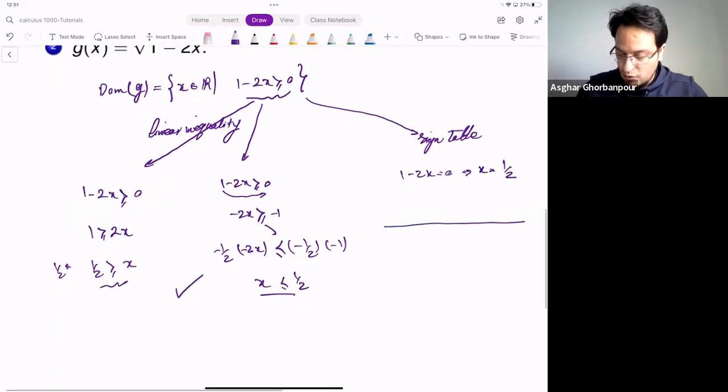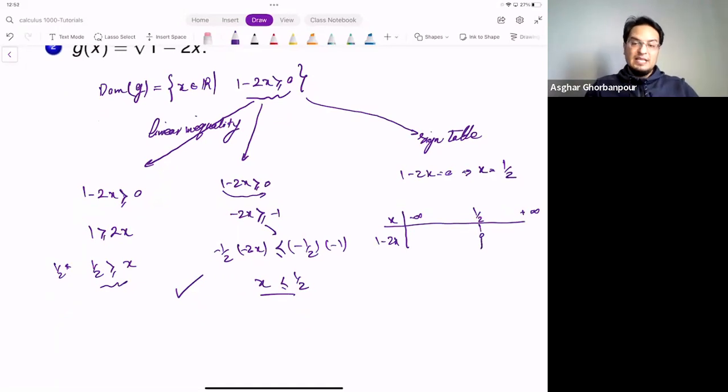Then you say that, okay, x can go from -∞ to half, then to positive. At half, 1 minus 2x is 0. I have to find out where it is 0 because 0 is not of interest. We are interested in where it is positive, where it is negative. That's why I call it a sign table.